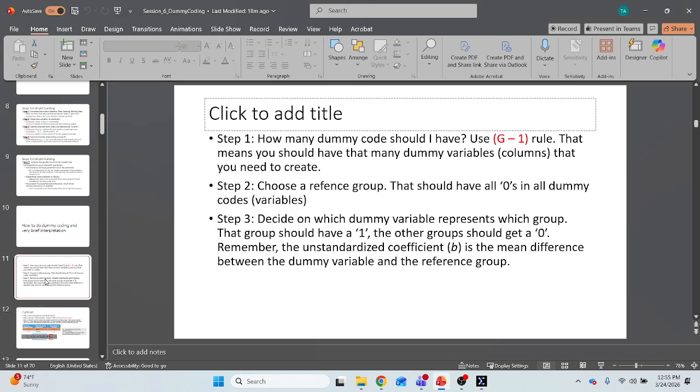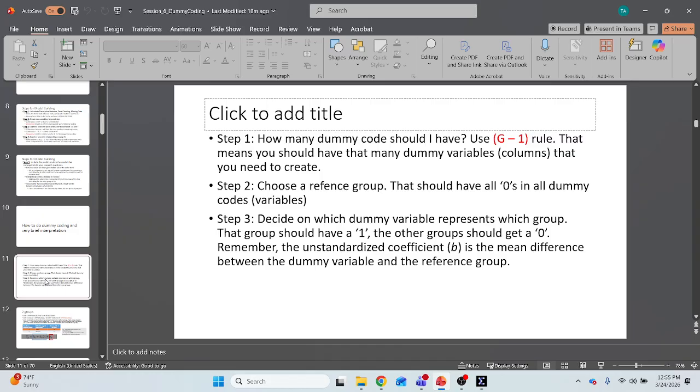Okay. So very briefly, we're going to repeat this again, but we'll start with how do you code your categorical variables. And here are some easy steps, right? First, you need to know how many dummy variables you're going to have.